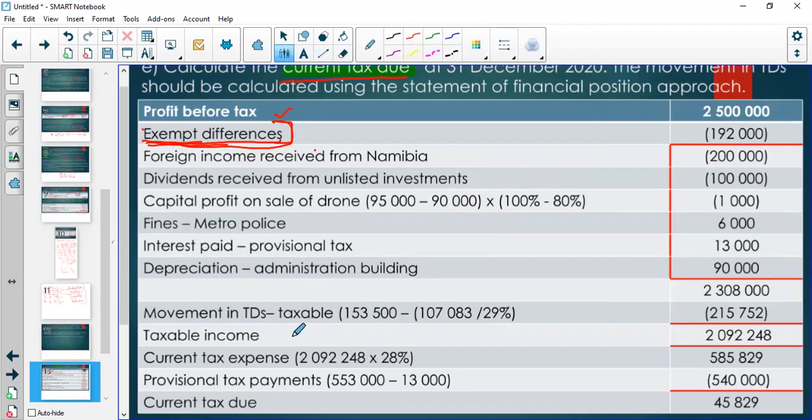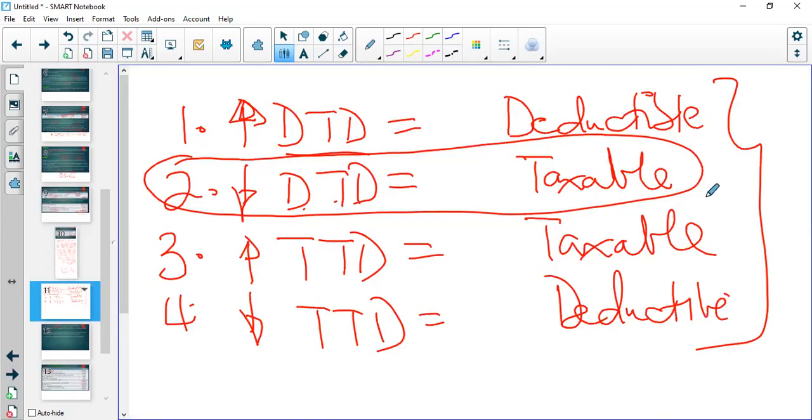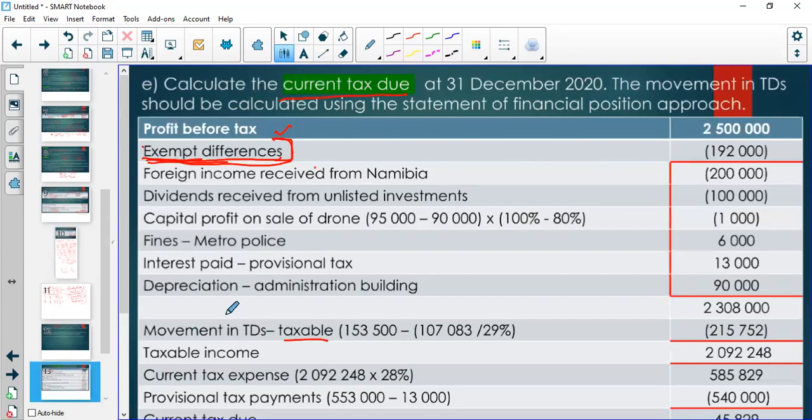What that means is, if you find the movement from last year to this year is taxable, based on those rules that we discussed, then what you need to do is deduct it from this figure. Because the movement is taxable, you need to deduct it. So taxable difference means SARS does not want us to pay tax today. It's taxable in the future. So for the purposes of paying tax, this amount should be removed from the taxable income, because it's taxable in the future. That is what it means.